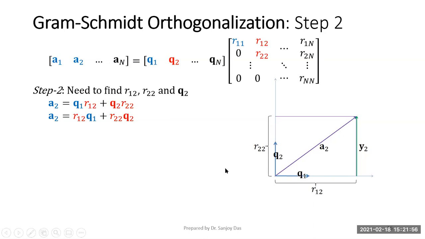Q1 is known. And since Q2 is orthogonal to Q1, what happens if I pre-multiply both sides with Q1? Both sides I multiply with Q1. What happens? On this side, I get Q1 transpose A2. What happens to Q1 transpose Q1? 1. It's a unit vector, so 1. And what's Q1 transpose Q2? 0, because Q1 and Q2 are mutually orthogonal, correct?